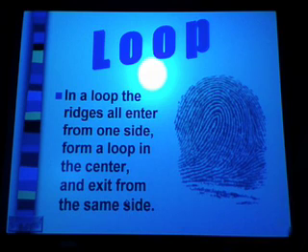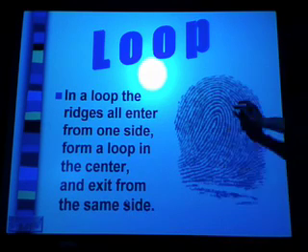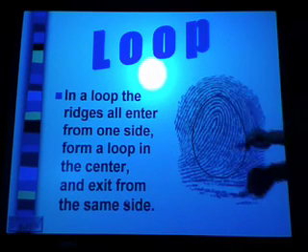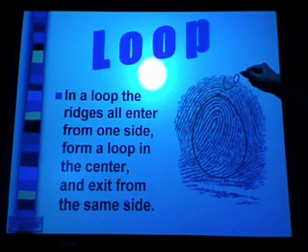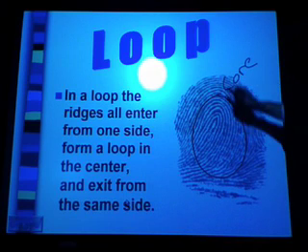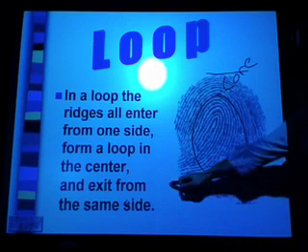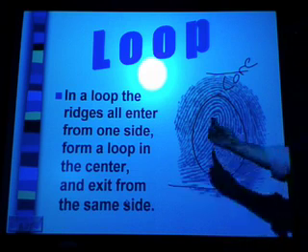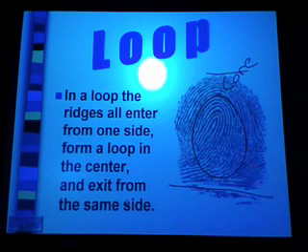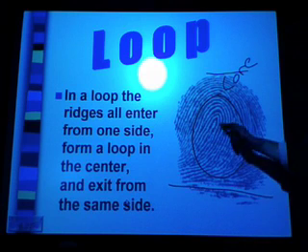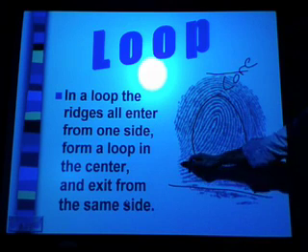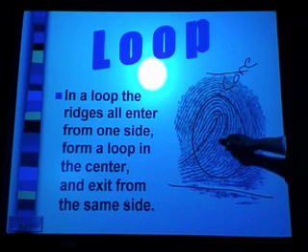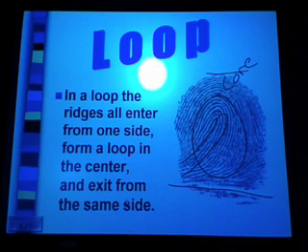In a loop print, notice that the center part of the print is referred to as the core, and this area is about halfway between the tip of the finger and the crease in the first part of your finger. In this area, we notice that the ridges tend to come out from a side, loop, and go back out the same side.